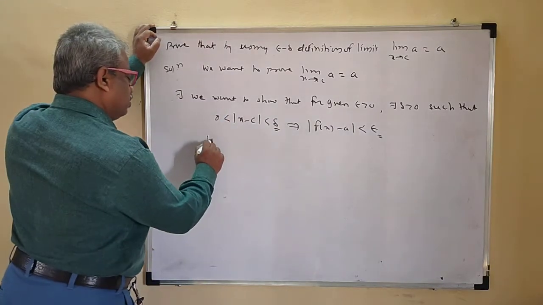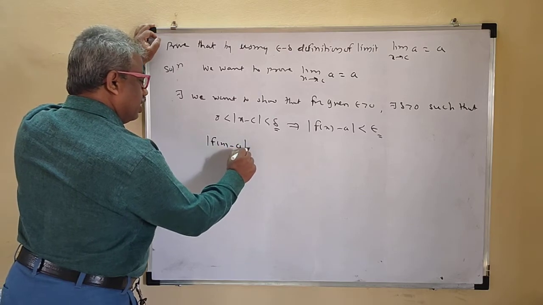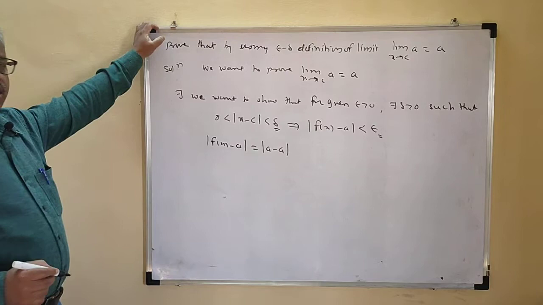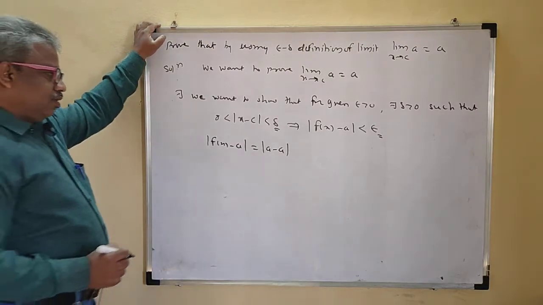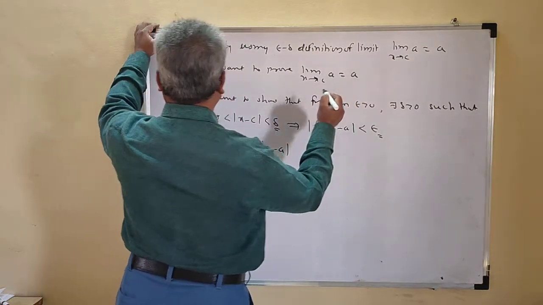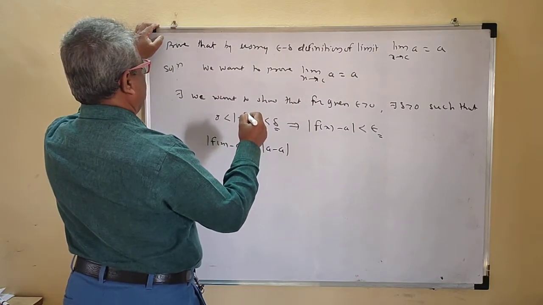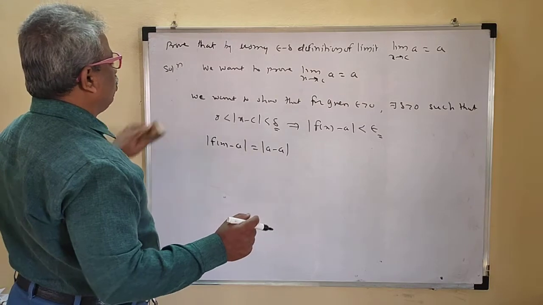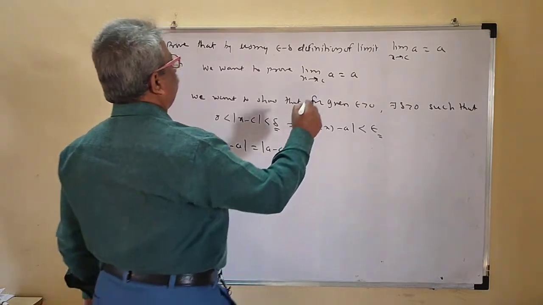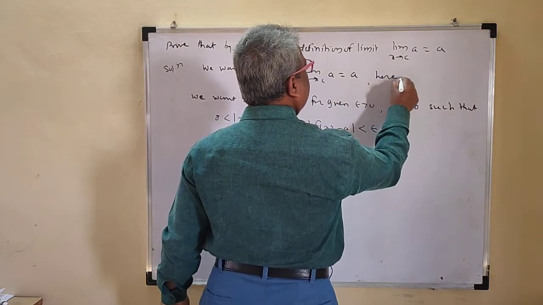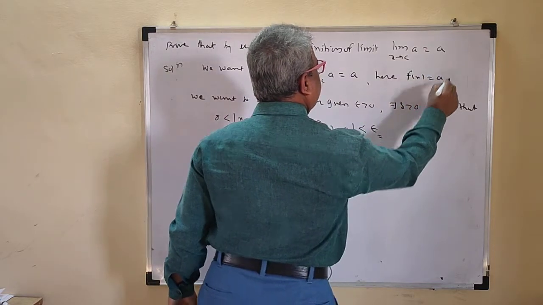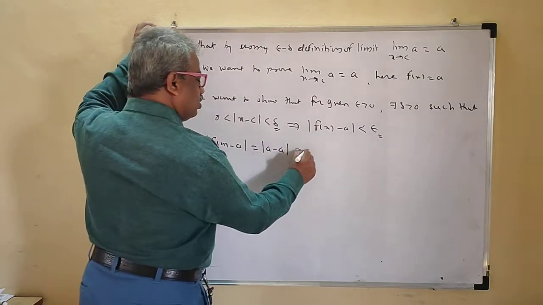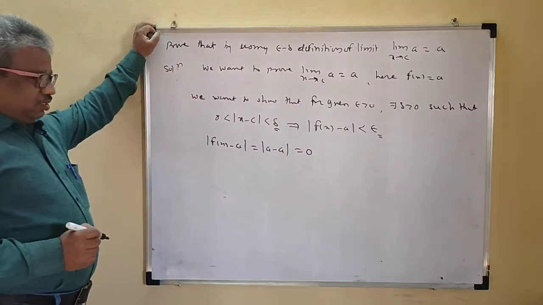So f(x) minus a is equal to a minus a, because here f(x) is equal to a. So a minus a is 0.